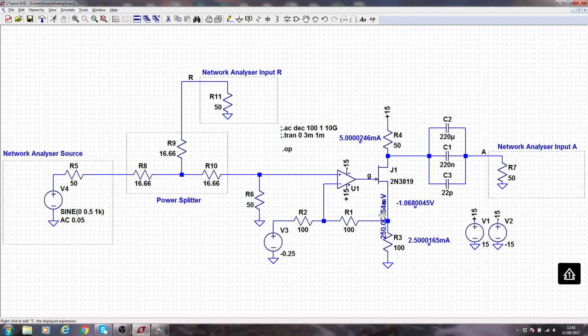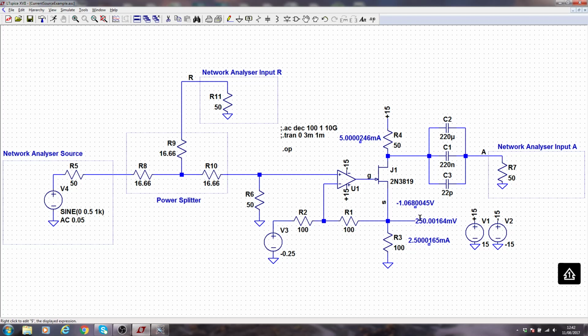That's very ugly indeed. Move it with F7 to just here, F3 for a wire, click click, done. 250 millivolts. So yep, it's got a gain of 1 because I've got R1 and R2 equal. Gain of the circuit is minus RF over Rin, or minus R1 over R2 in this case. So yeah, it's working, we think.